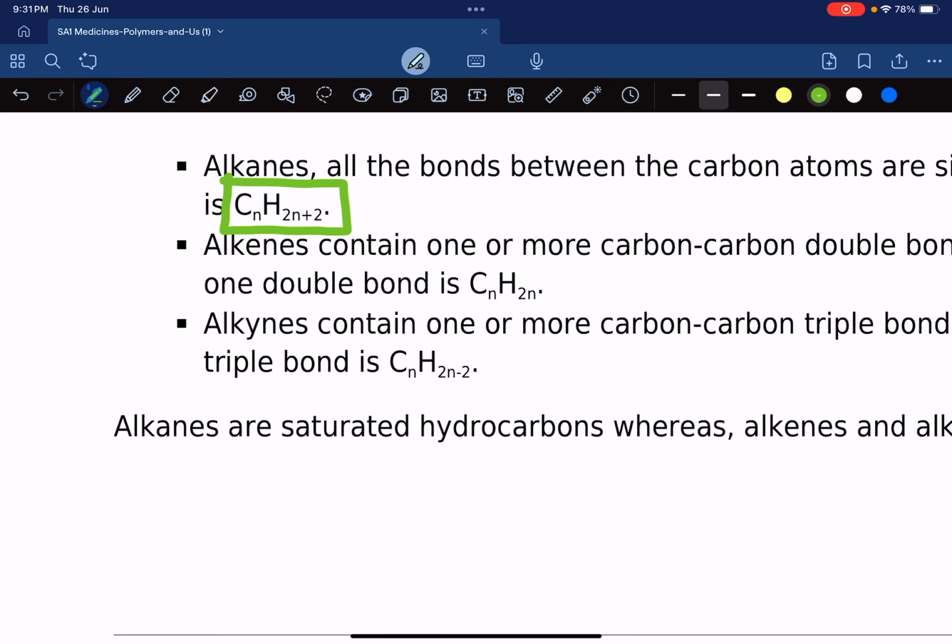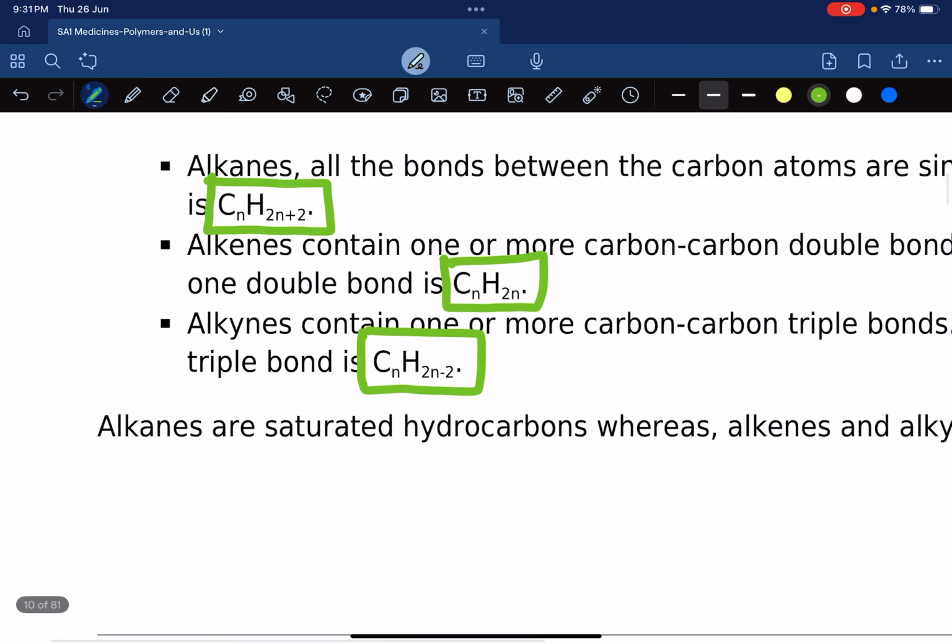It is not an empirical formula. It's not a molecular formula. It's called a general formula. Every member of that family will have the same formula. For example, in this case, N is the number of carbons. For alkanes, N can be 1, 2, 3, and so on.